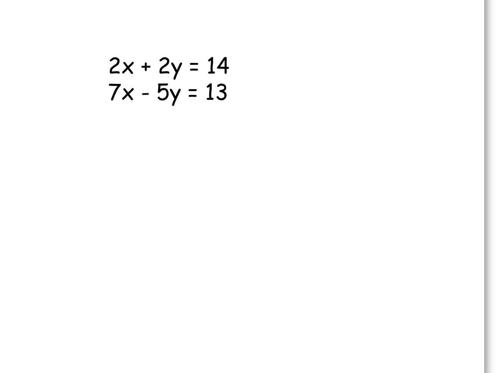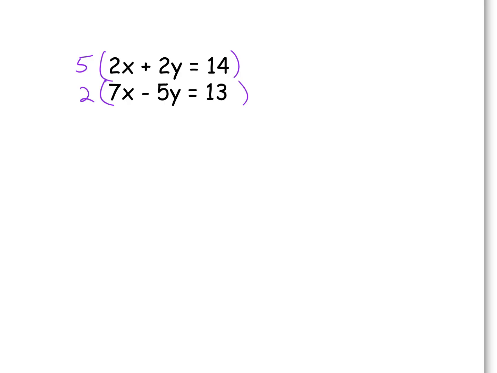So therefore, we're going to just have to multiply them. Do I need to multiply either one by a negative? Tell me about the signs that the y's already have. They're already opposite, right? So we don't have to worry about that. So we're going to multiply the top by 5, and we're going to multiply the bottom by 2.